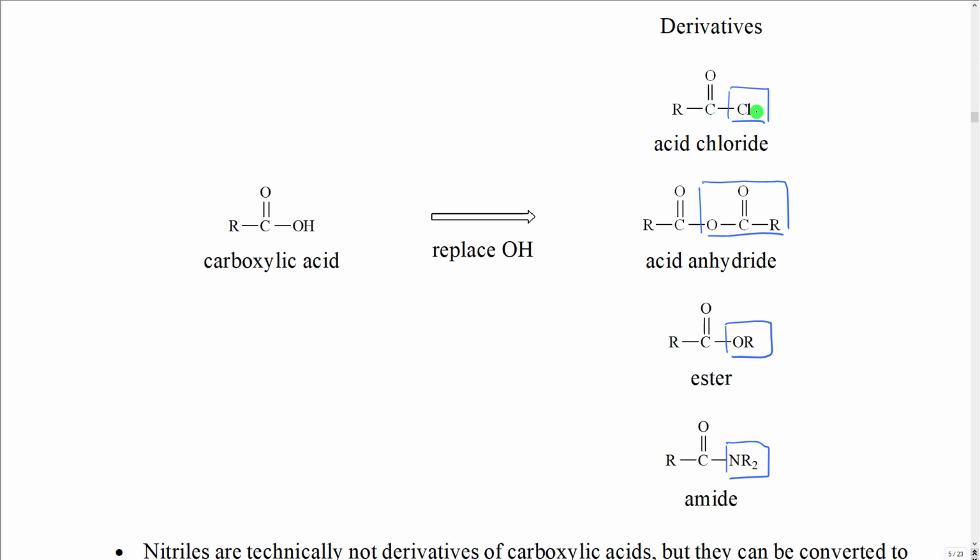So we could say the acid chloride is derived from the carboxylic acid, and therefore we would say the acid chloride is a derivative of the carboxylic acid. Once organic chemists recognized this, they grouped all of these together, and we're going to see that it's a very convenient grouping for us because the derivatives interact, and many of the things we see mechanistically apply to all of the derivatives.